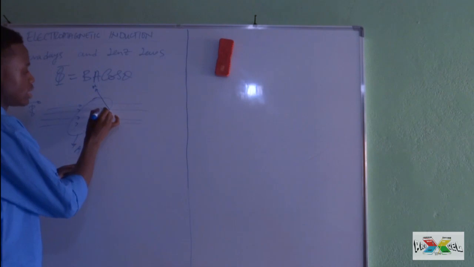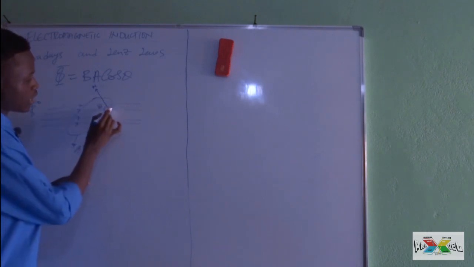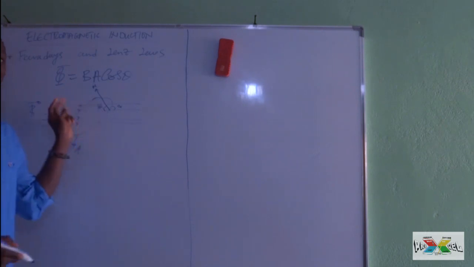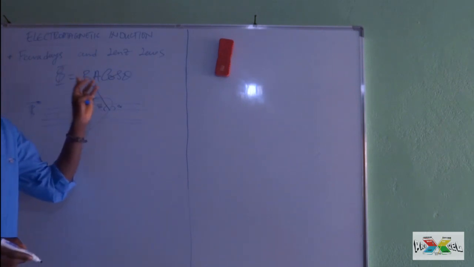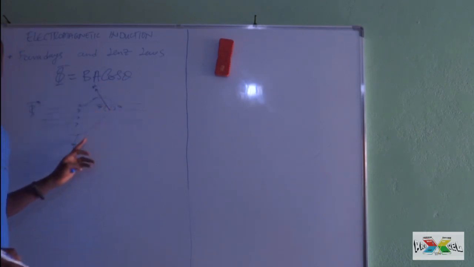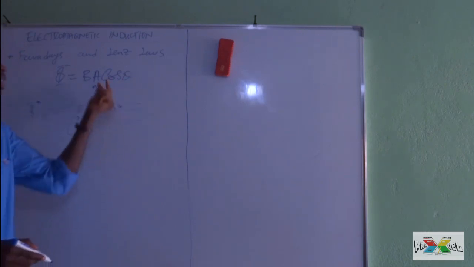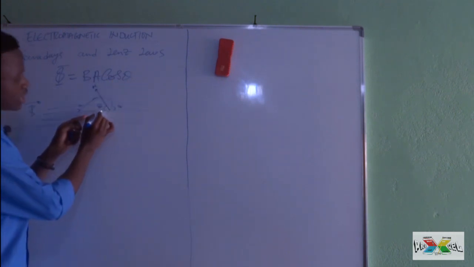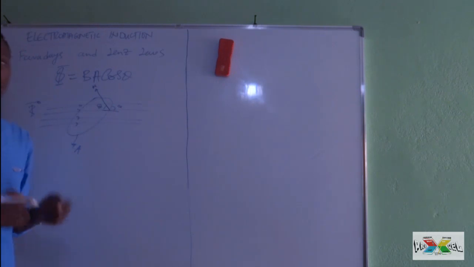So this angle that you take to be theta, and this other angle here, you can call it alpha. So the magnetic flux is the product of the magnetic field intensity times the area of this surface through which the magnetic field lines are passing, all multiplied by the cosine of the angle between these field lines and the normal.